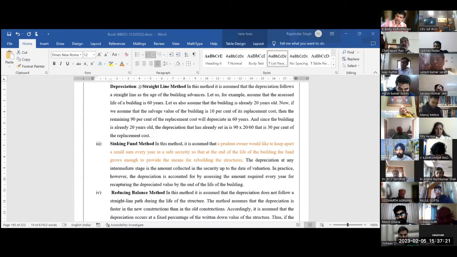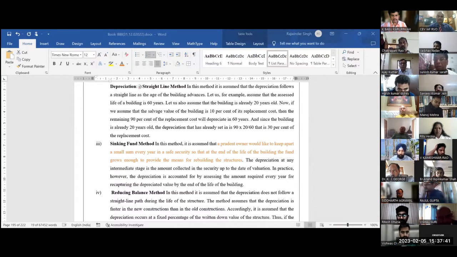Is it clear? Now let us suppose you have been depositing this much amount for n number of years. If you are depositing rupees 1 every year for n years, what will be the amount collected?